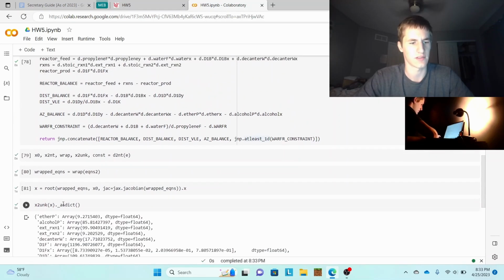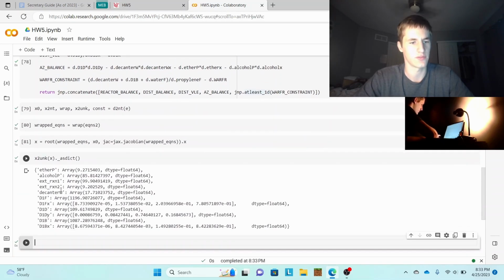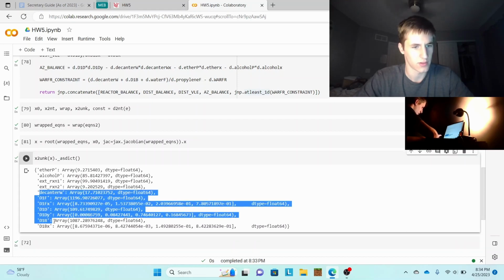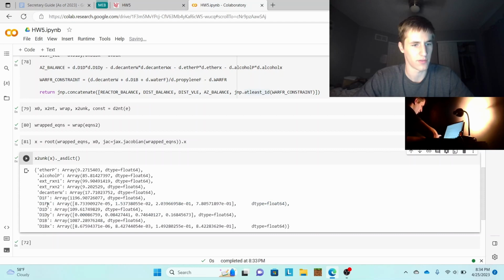We have our X and then our X2 unknowns. And here we have our 4 from before, right? And you can see they are the same. And then we have all of our new ones here, right? So that totals out to 17.